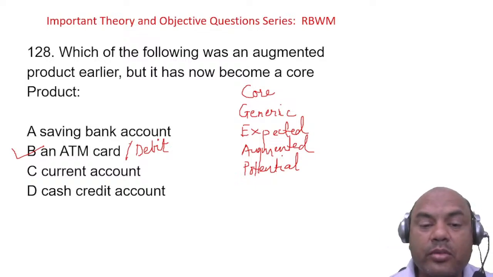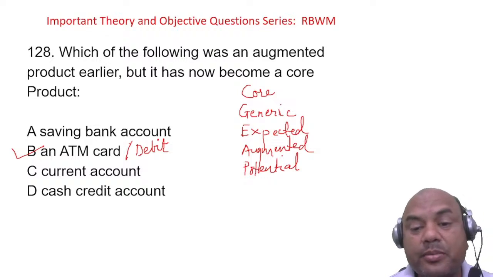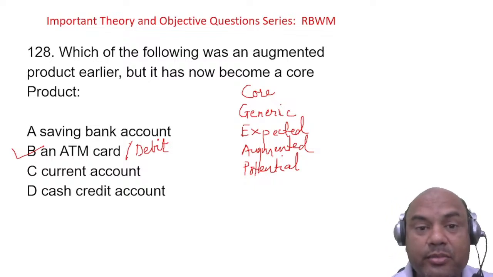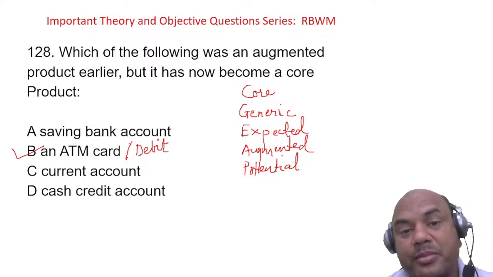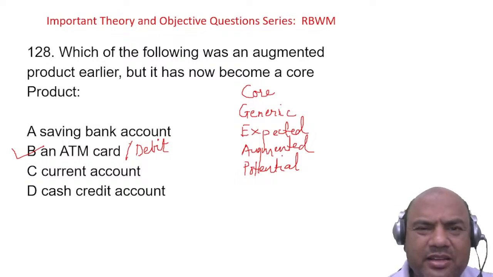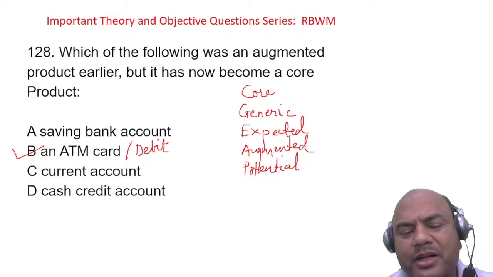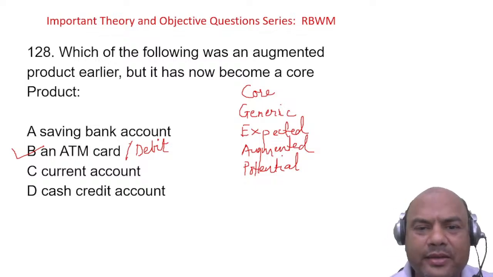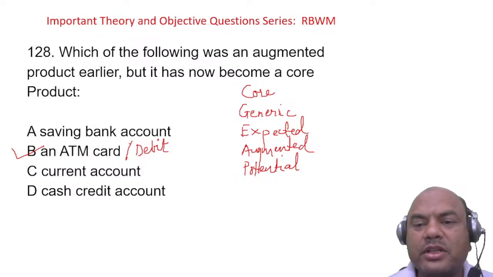So this was an augmented product earlier. It was a surprise element for customers 10-20 years back. Oh, debit card, my God. I can purchase this, I can purchase that, I can shop. Now, people have stopped using the debit card because of UPI.